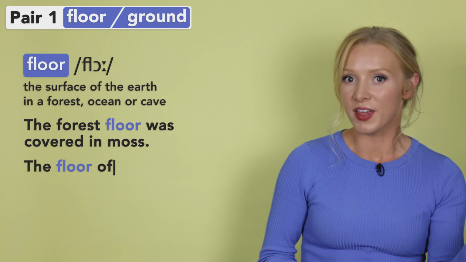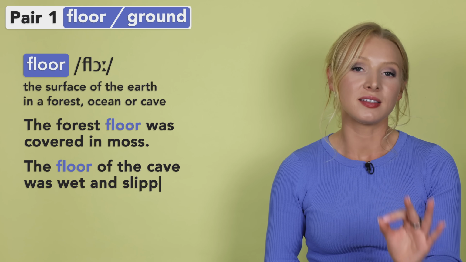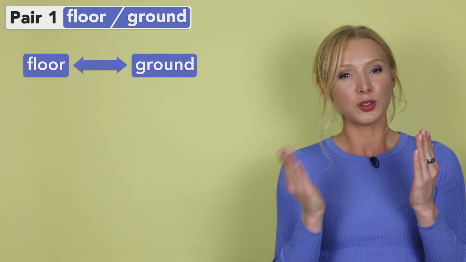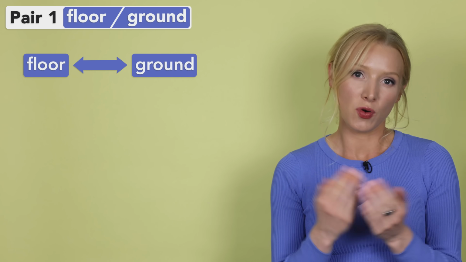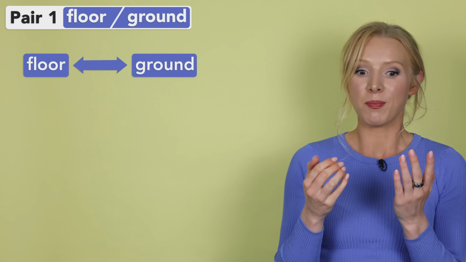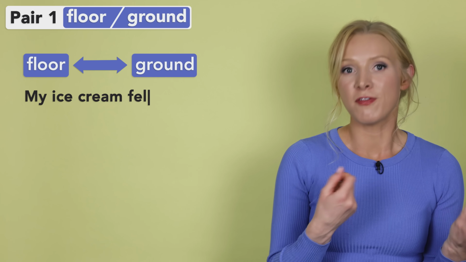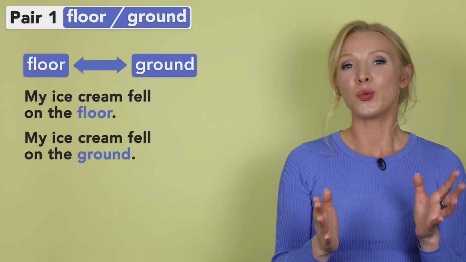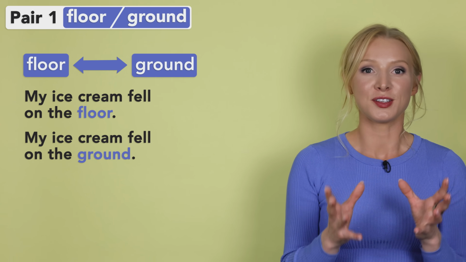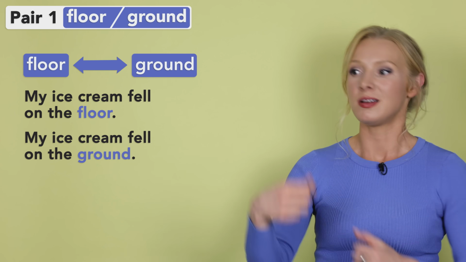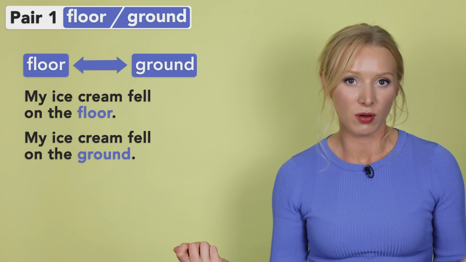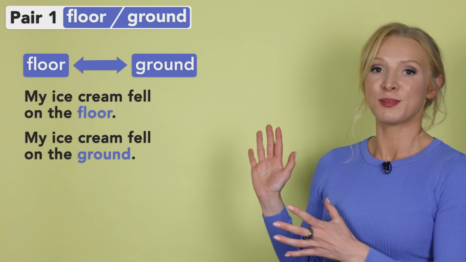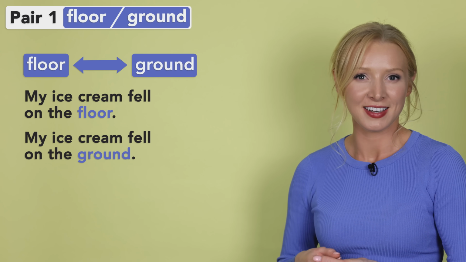The floor of the cave was wet and slippery. Sometimes we will use ground and floor interchangeably. For example, my ice cream fell on the floor. My ice cream fell on the ground. Now, you will hear English speakers using floor outside. My ice cream fell on the floor, for example. But what I've just explained should give you a general indication.